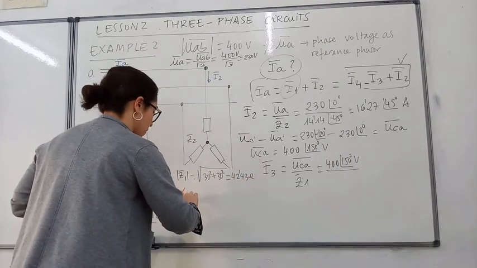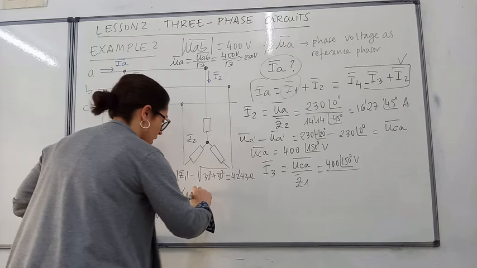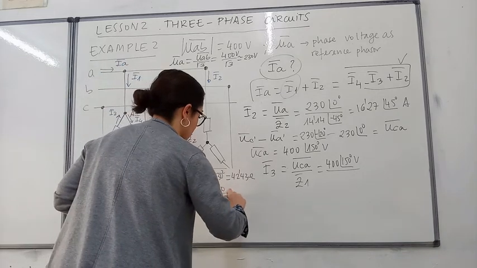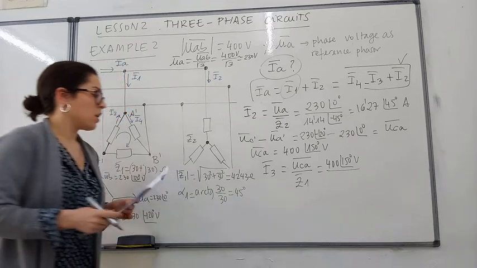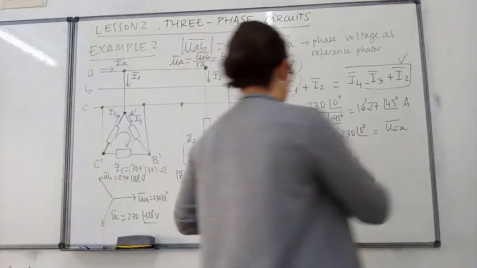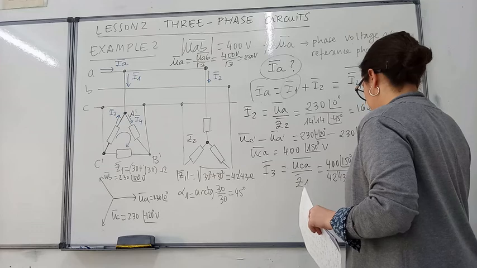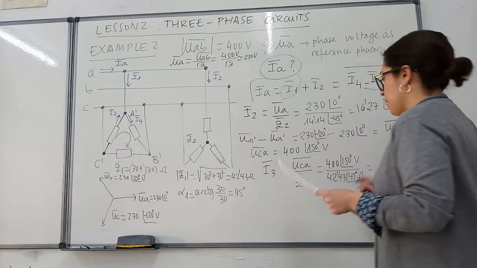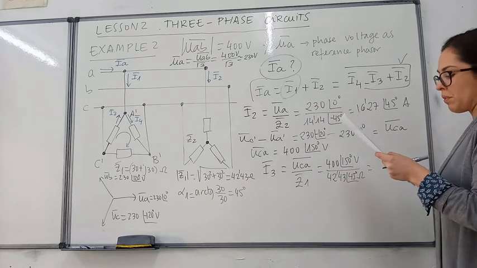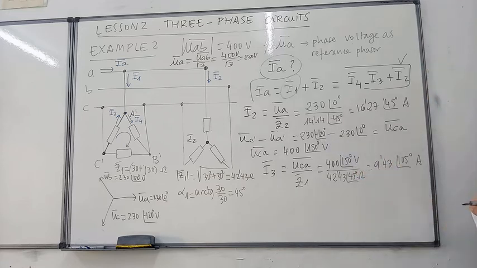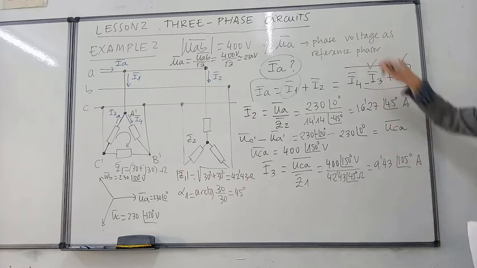And you also need the angle, which is arctangent of 30 divided by 30, so that is 45 degrees. Then you can introduce that here in ohms, and the result for current 3 is going to be 9.43, 105 amps. So now we have currents 2 and 3.